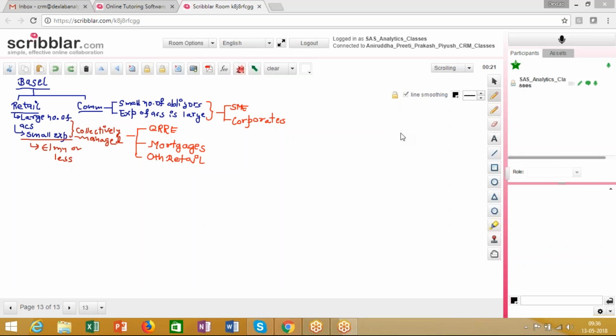And then we go to the commercial portfolio. First of all, what is QRRE? QRRE talks about qualifying revolving retail exposure.